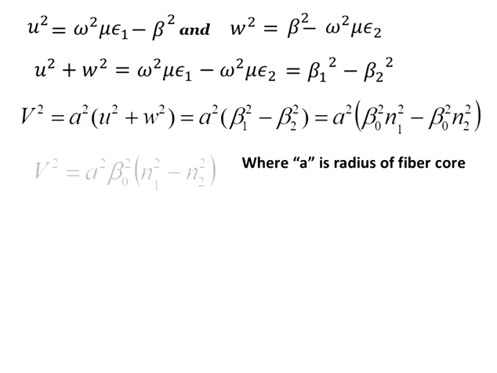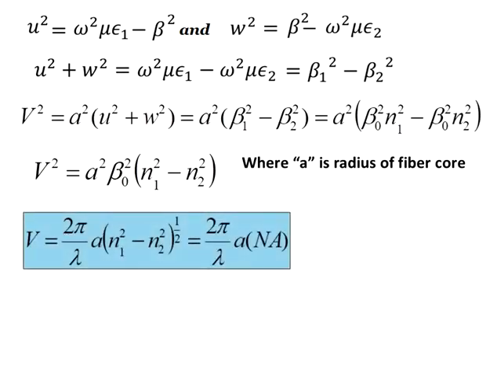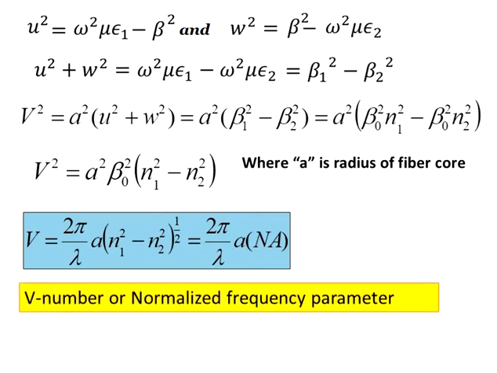So if we multiply u square plus w square by a square, I will get V square, and if we take beta 0 square outside in the bracket, we get n1 square minus n2 square. Now this beta 0 is nothing but the propagation constant given by 2 pi by lambda. If I put that in and find the square root, I will get the parameter which is called the normalized frequency parameter, or the V number.